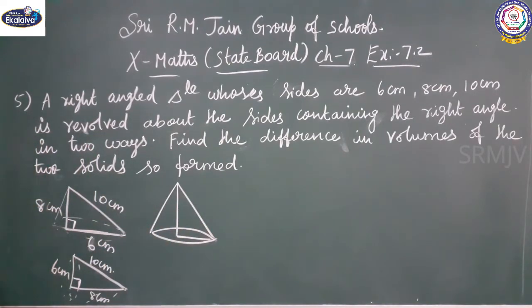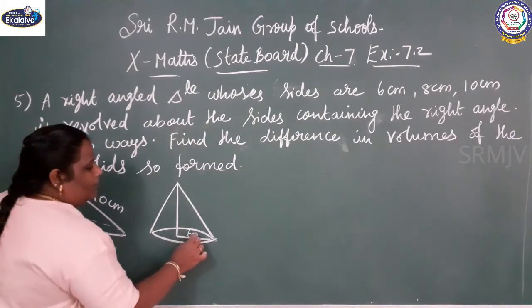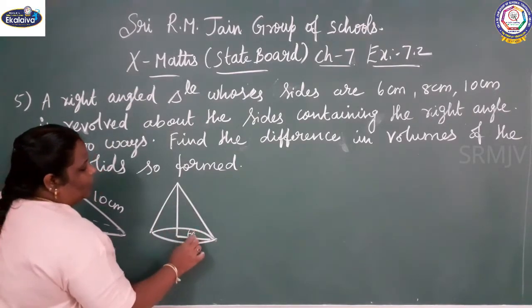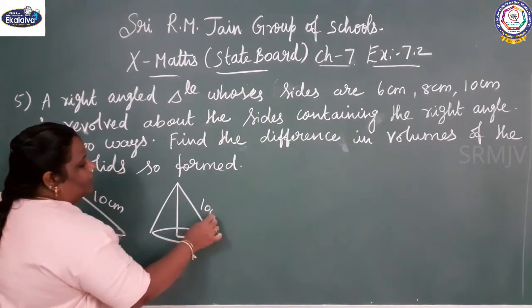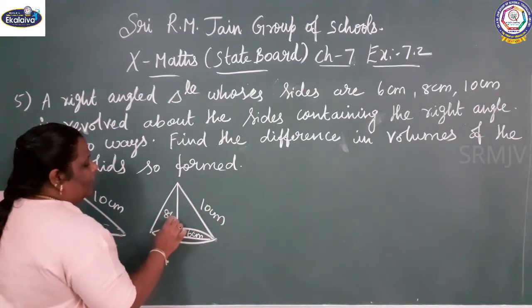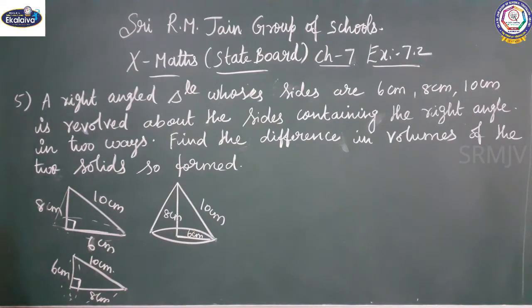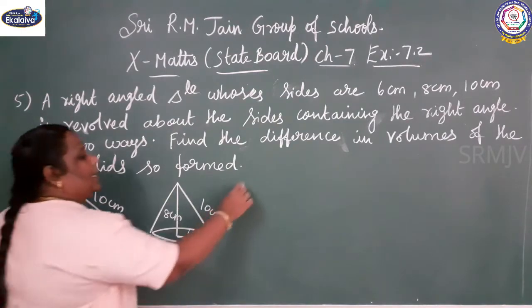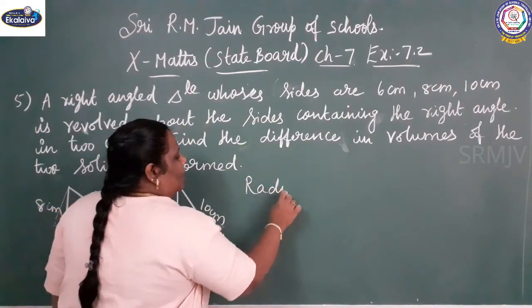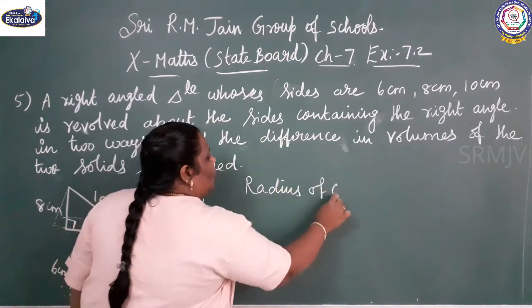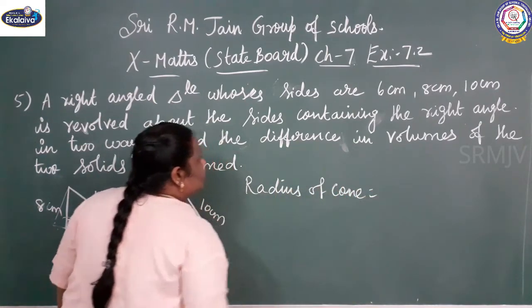See, the radius you can take as 6 cm. A cone is formed like this. The slant height is 10 cm and the vertical height is 8 cm.